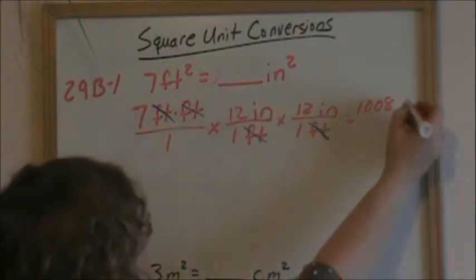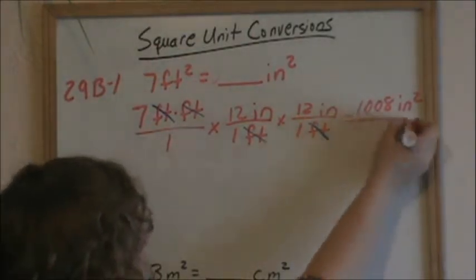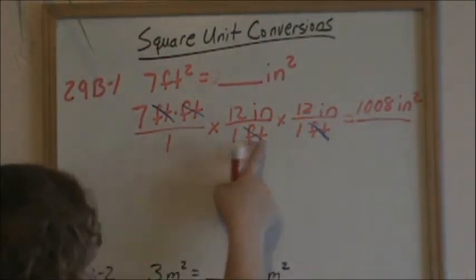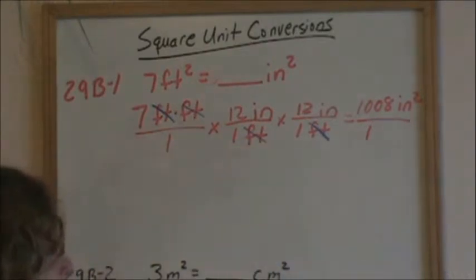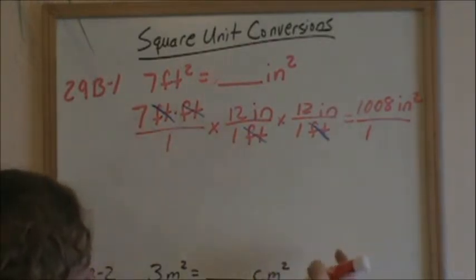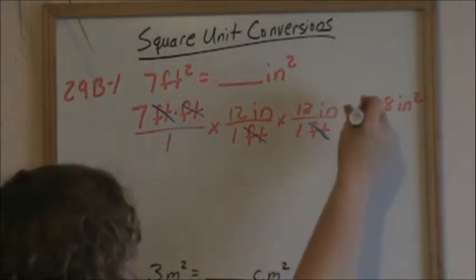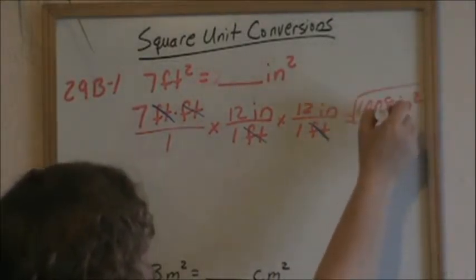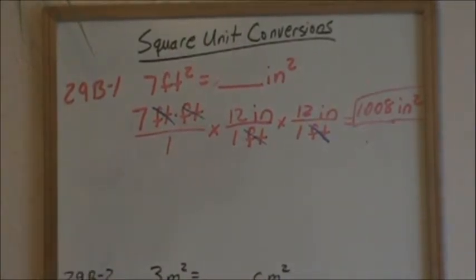Inches times inches is square inches, all over 1 times 1 times 1. And there's no units in the bottom because the feet went away. So 1008 square inches divided by 1 is still 1008 square inches. That was 29B1.